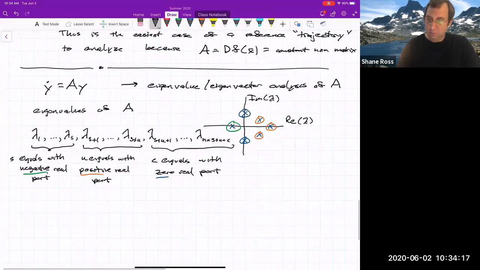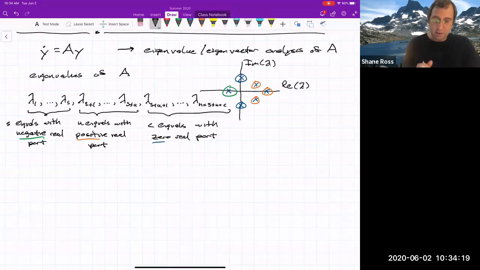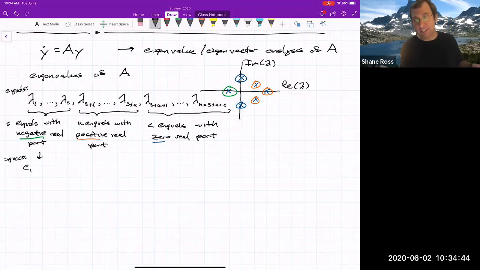And the way that we interpret these is, for these eigenvalues, we have eigenvectors e1. I'll write here the eigenvalues, and here the eigenvectors. So the corresponding eigenvectors, and these are generalized eigenvectors. I'll say a little bit later, if you haven't dealt with what to do with complex eigenvalues, you turn complex eigenvalues into real ones, basically, and those are called generalized eigenvectors.